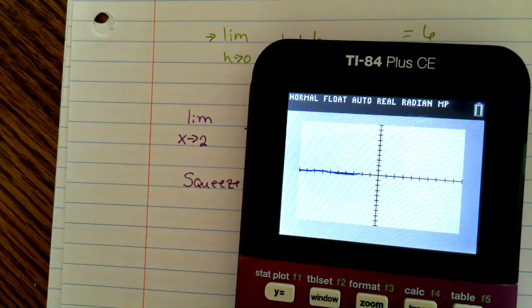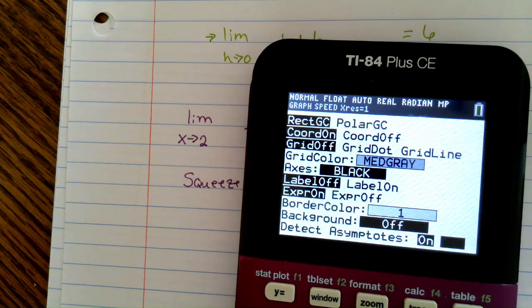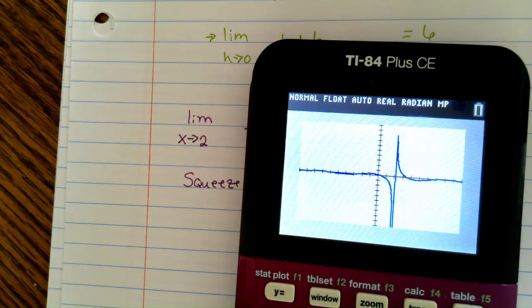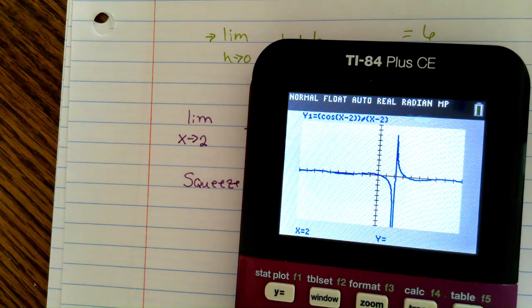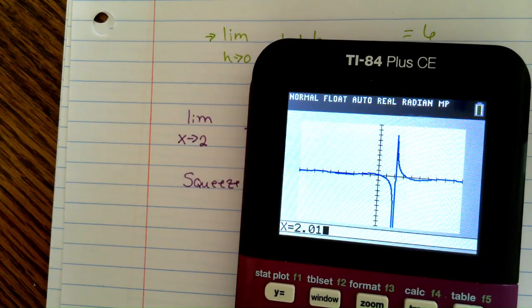I must have asymptote detection turned on. I'm going to graph it faster by turning that back off. Allie, wake up. Okay, so we can see that there is a vertical asymptote at 2. And if I try to calculate, there is no value. So as we've talked about, let's calculate that 2.01.